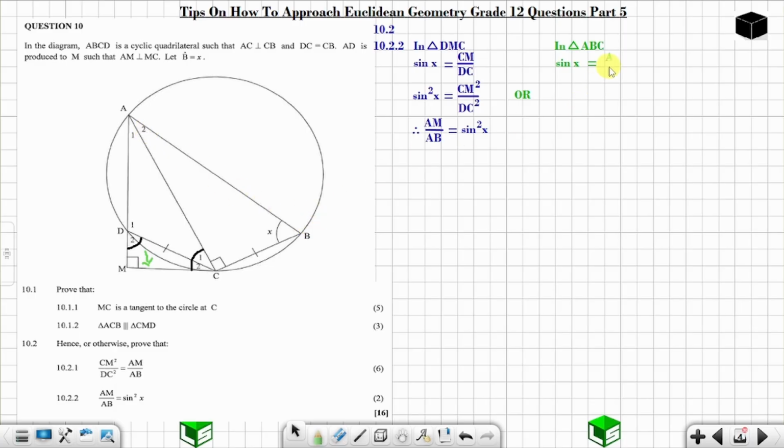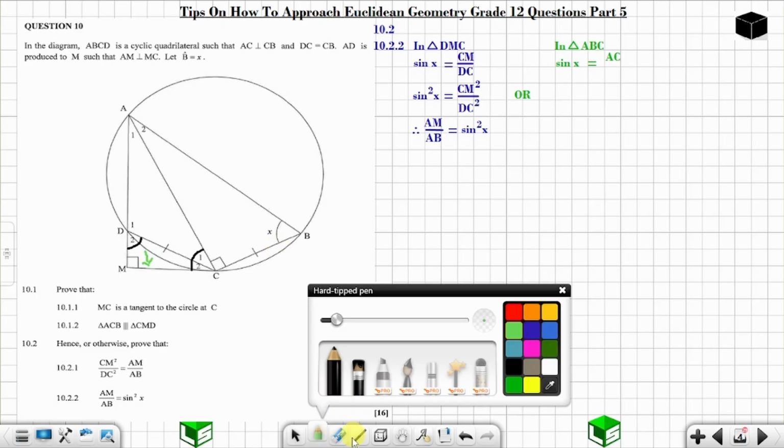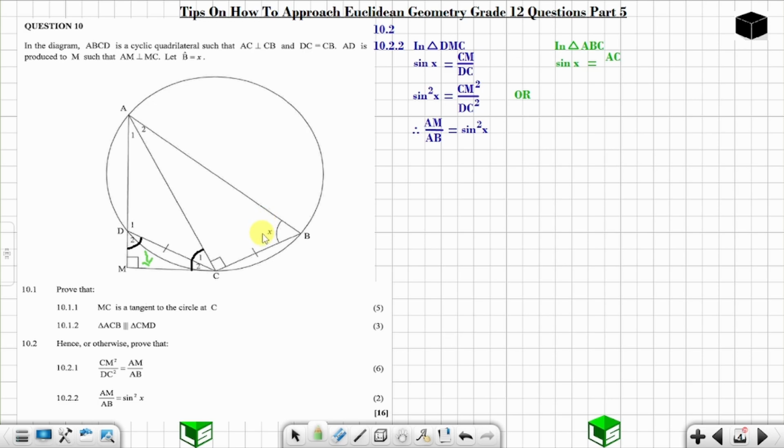So you have AC, which is the opposite, over hypotenuse, the side opposite the right angle.